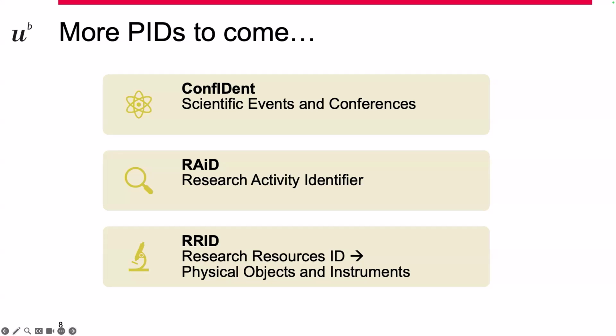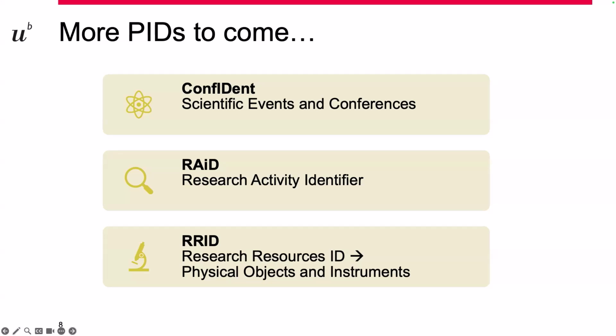And finally, we have a PID which focuses on physical research resources like lab instruments or biological samples. This is really important for reproducibility as it ensures everyone knows exactly which materials were used in experiments.